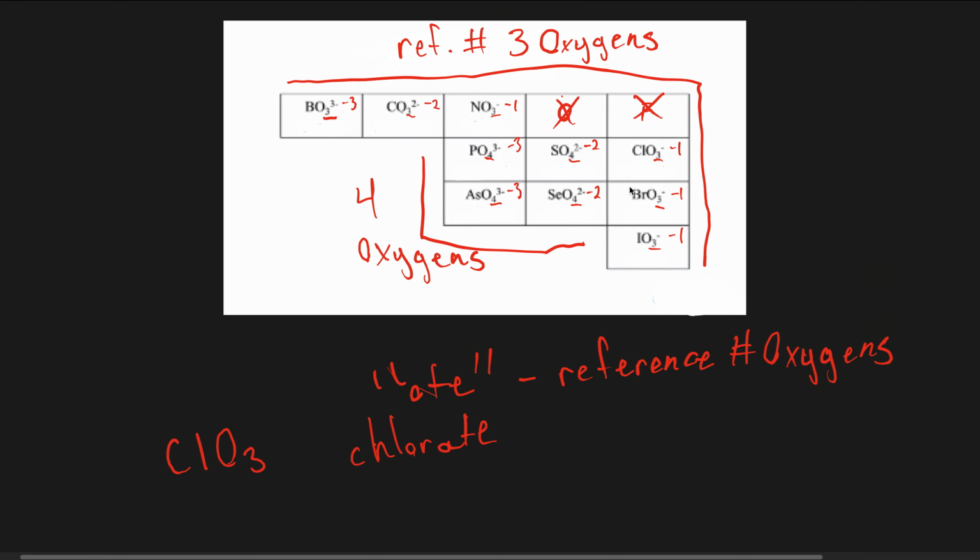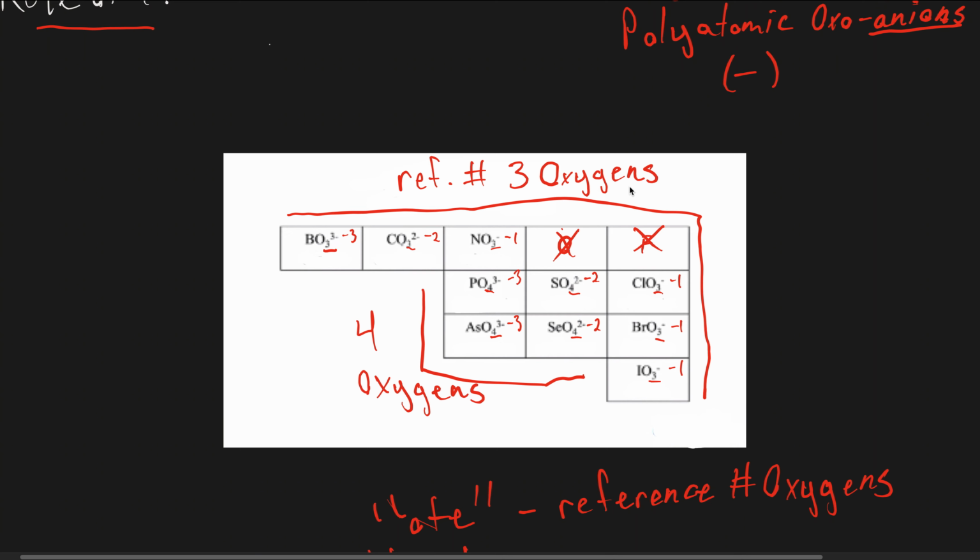Now, how does the anion part, or the negative charge, come into the naming of polyatomic ions? Each polyatomic ion has its own distinct charge. The column of chlorine, bromine, and iodine all tend to have this -1 charge, which I'm going to be underlining in blue.